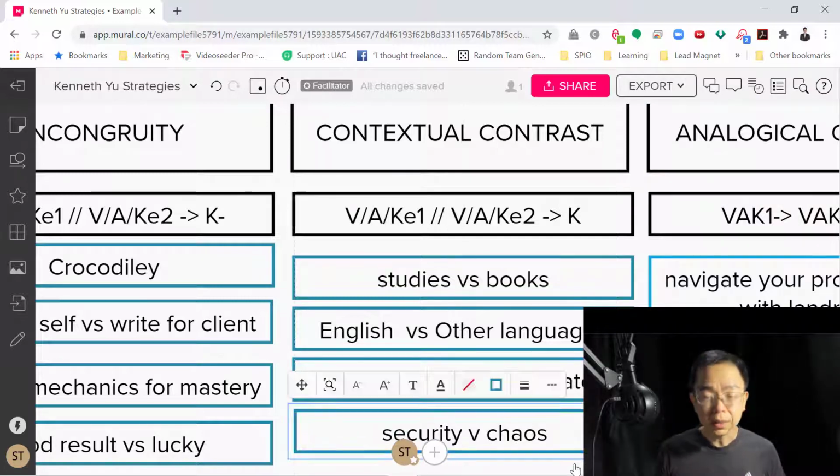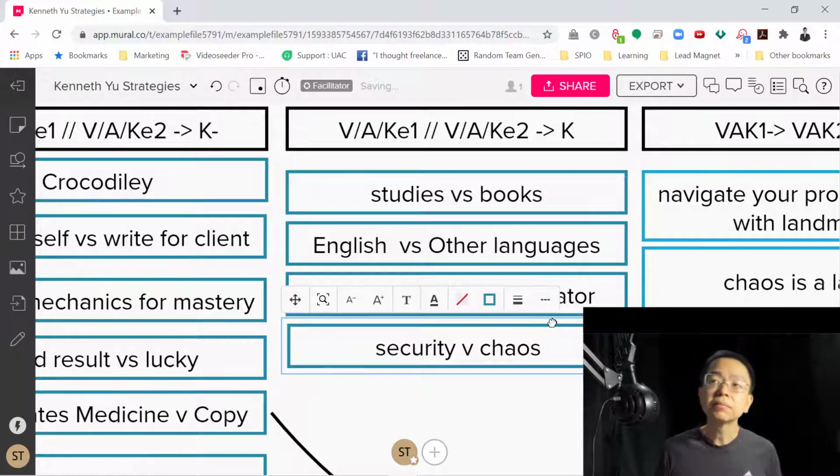So, for example, in the good old days, they used to think that writing headlines that were very stunning, very shocking, would grab people's attention.